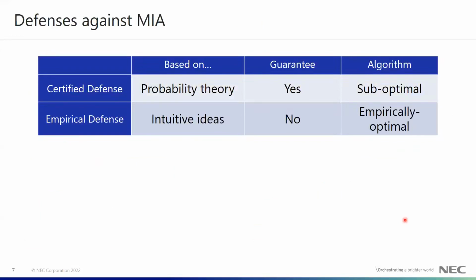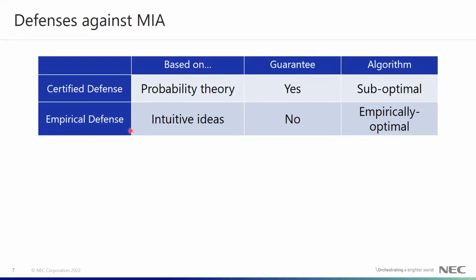There are two kinds of defenses. Certified defense: their algorithms give some guarantee, but nobody knows if they have optimal privacy utility trade-offs, especially under real-world settings.